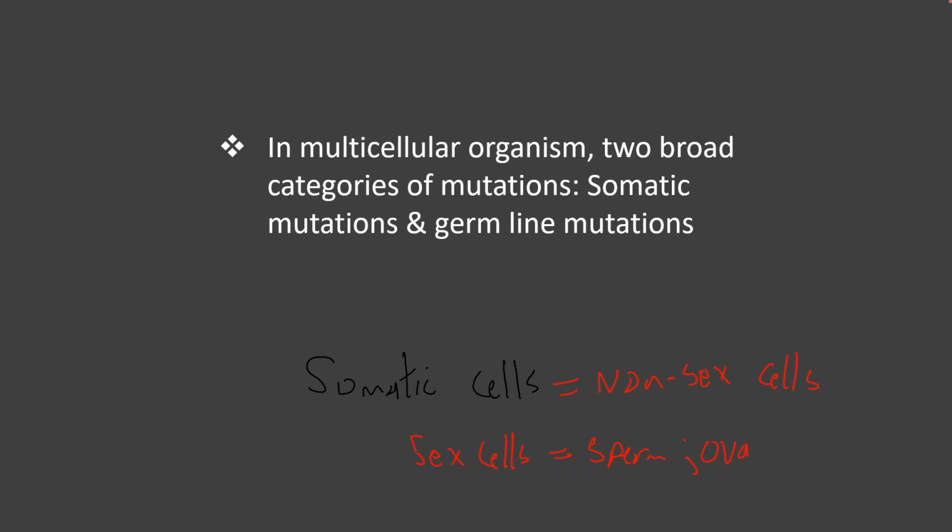I hope you see why this is important, right? So somatic cell mutation only affects your non-sex cells. So the mutation will only affect that individual that has it. But if the mutations become germline mutations, then they end up in your sex cells, which of course, once again, means you can pass those on to your offspring, right?